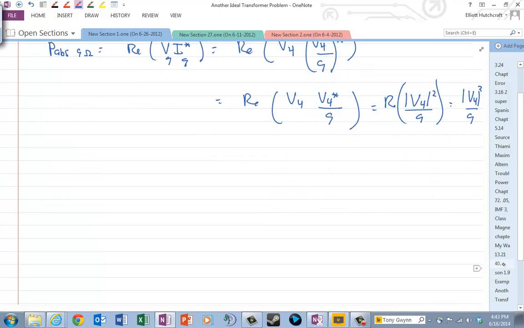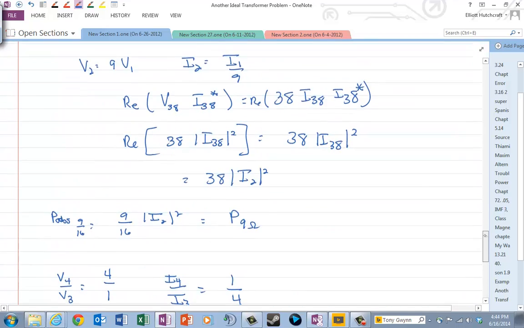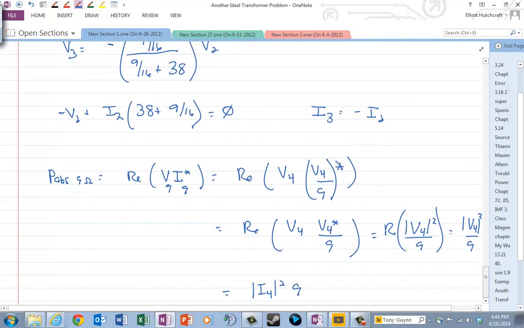And likewise, we could have followed the same route and have gotten I4 magnitude squared times 9 as well. Any of those would work, and if we want the power generated, then it's minus the power absorbed for that 9 ohm.